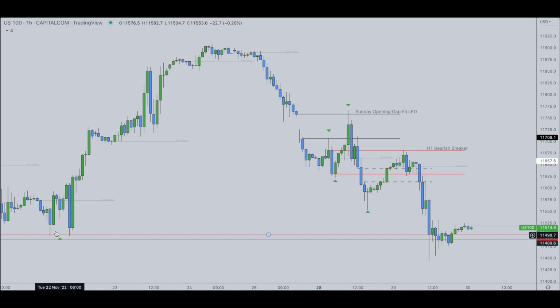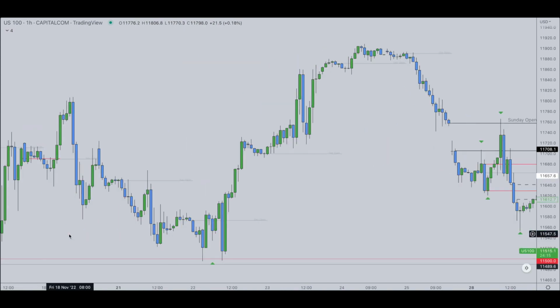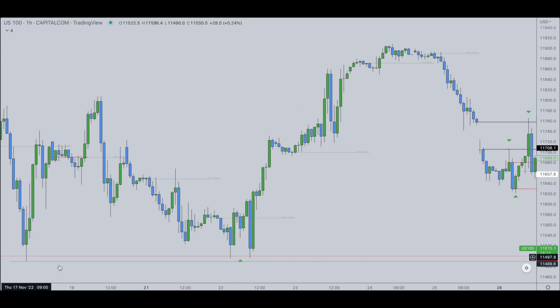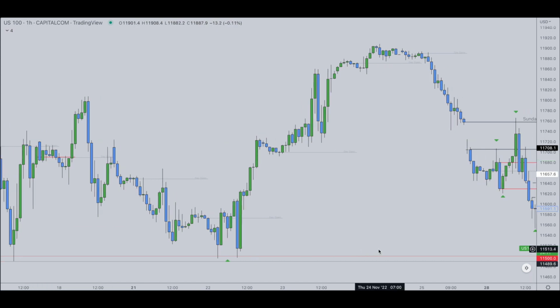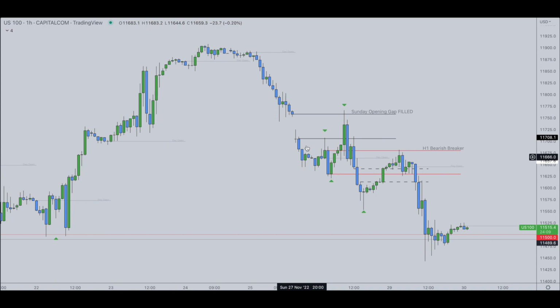So step number 1, we're looking for our draw on liquidity. This is our sell side. These two lows here and this low here. Looking at that big figure, 11,500. Swing high formation. We are rallying into a higher time frame premium. Swing low formation. Then we get a strong move up. That's going to fill this Sunday opening gap, giving us our second high.